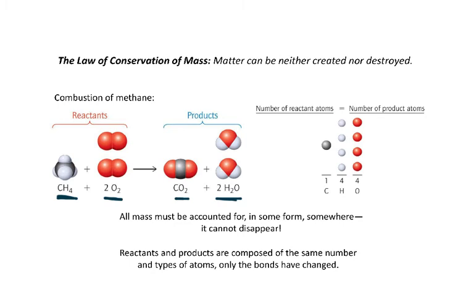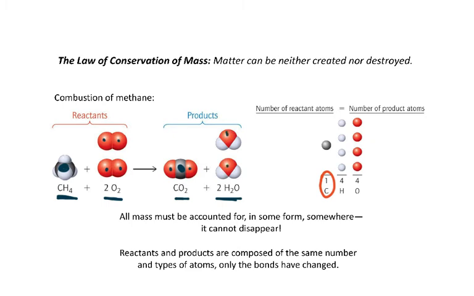And you can tell if we look over here that the number of carbon atoms that we start with is 1, and in the products there's still 1. The number of oxygen atoms is 4 at the start, and it's 4 at the end.